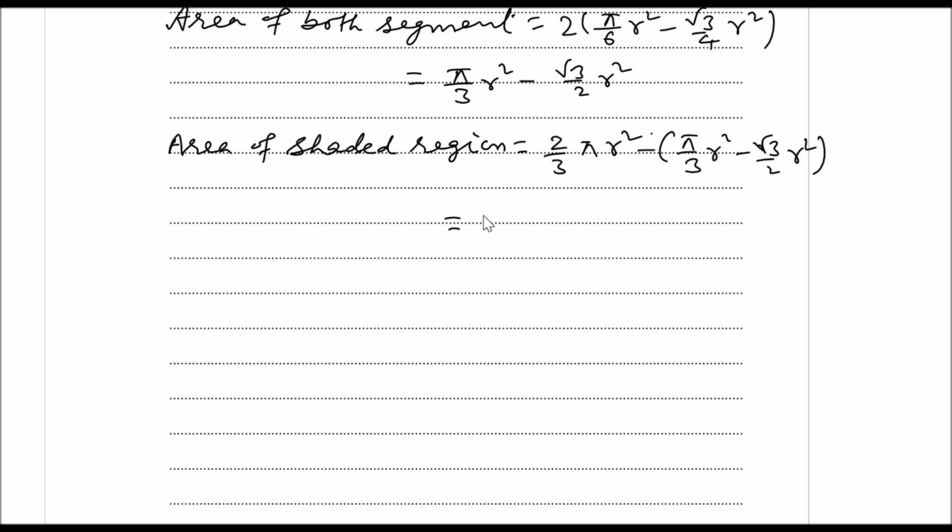Let me write 1 by 3 pi r square. 2 by 3 minus pi by 3 gives us 1 by 3 pi r square. And we will have plus root 3 by 2 r square. So this is your answer we got in terms of pi r and root 3.